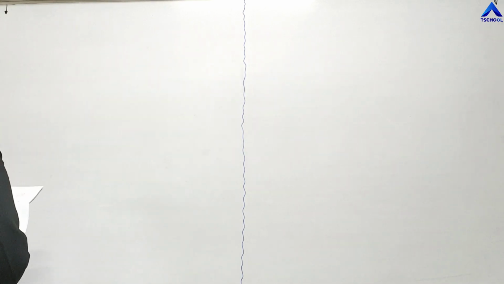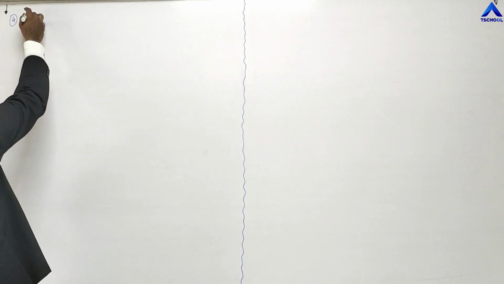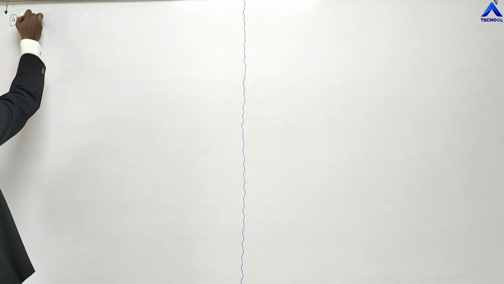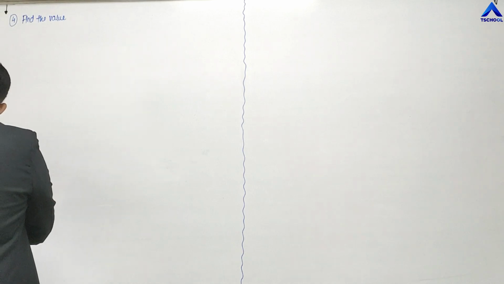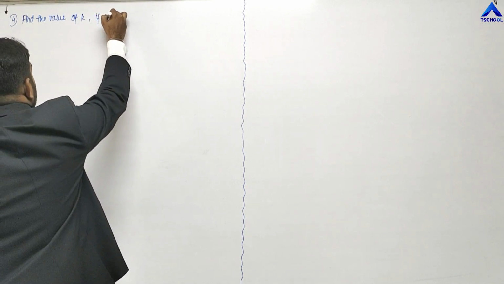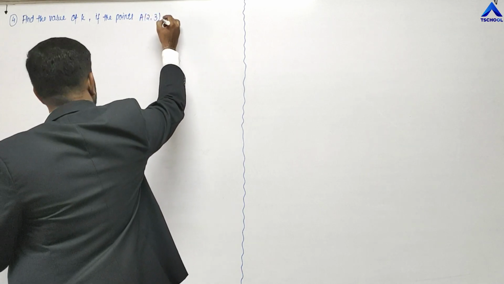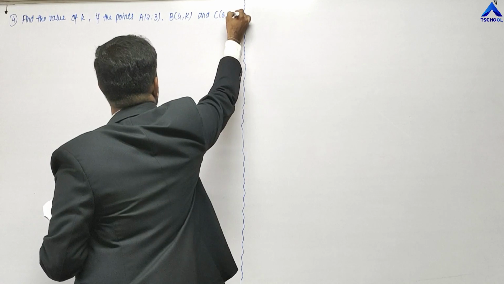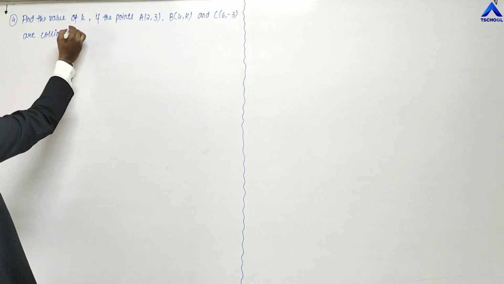Now, the fourth one: find the value of K if the points A (2, 3), B (4, K), and C (6, -3) are collinear.